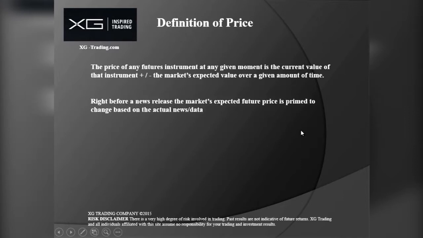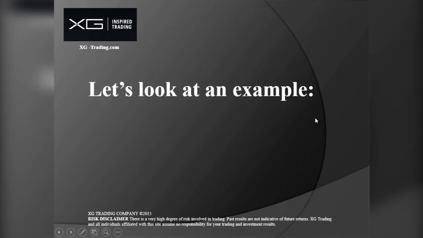Makes sense, right? So right before any news or data is released, the market's expected future price is primed to change based on what comes out. I call the last price right before the release of that data the pre-release price, or PRP. So keep PRP in your mind for reference throughout this video.